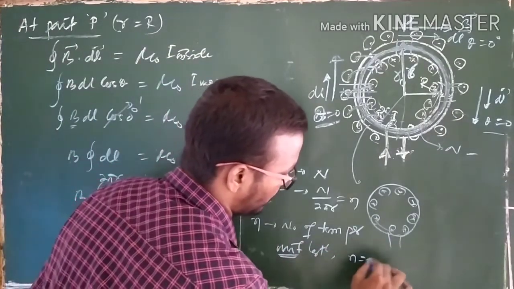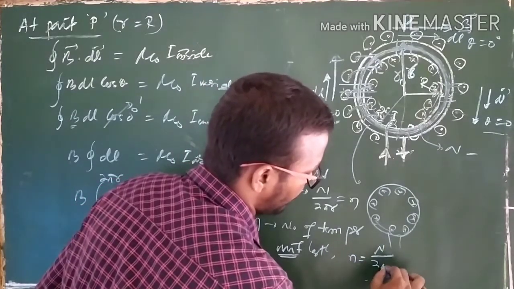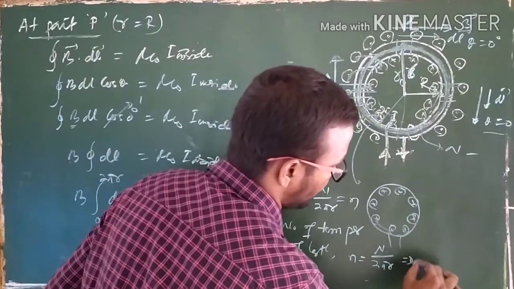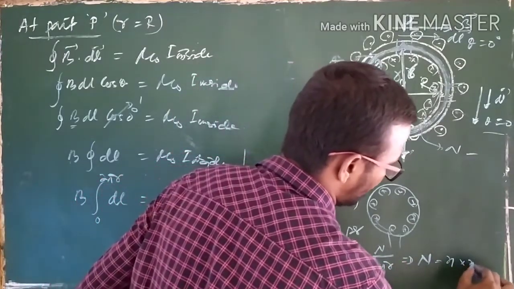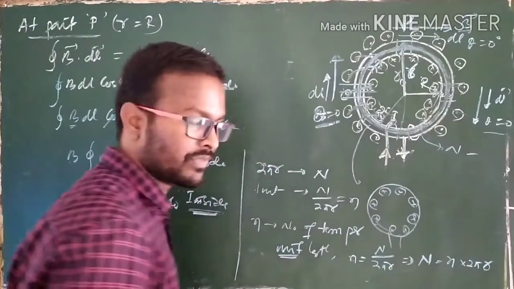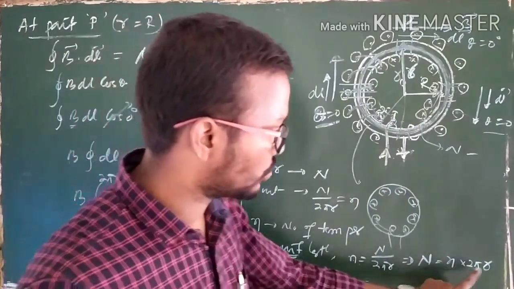So n equals the total number of turns N divided by 2 pi r, so N equals n into 2 pi r.